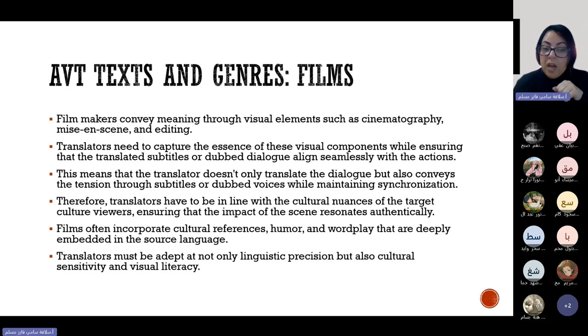Now films often incorporate cultural references, humor, and wordplay, and these are the most difficult ones to translate.